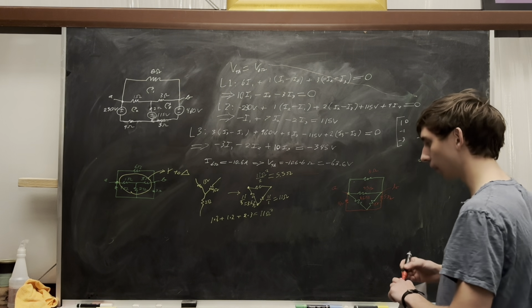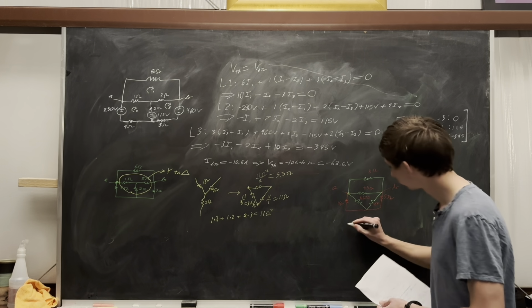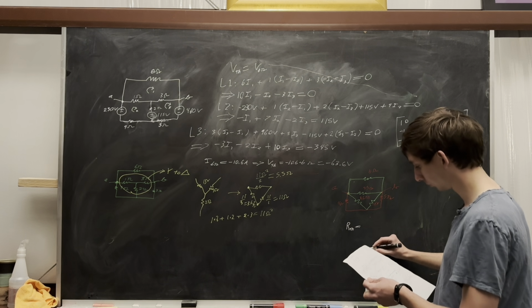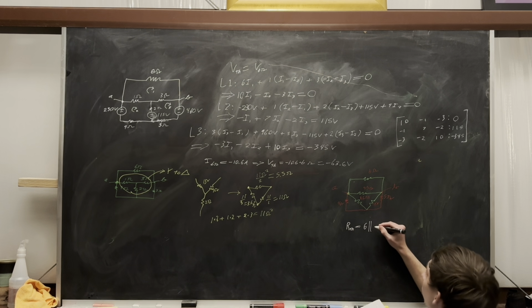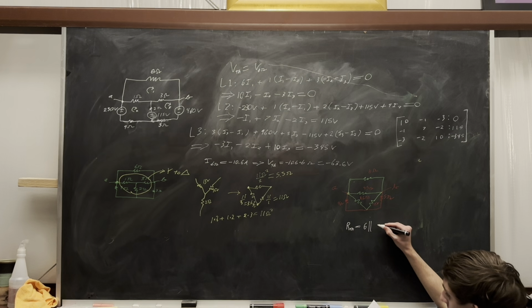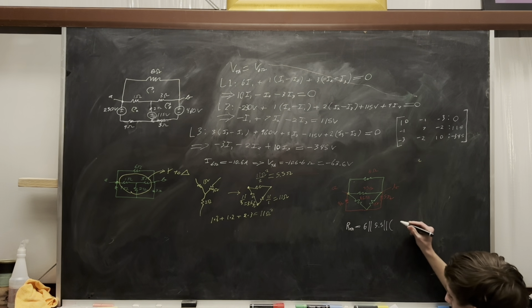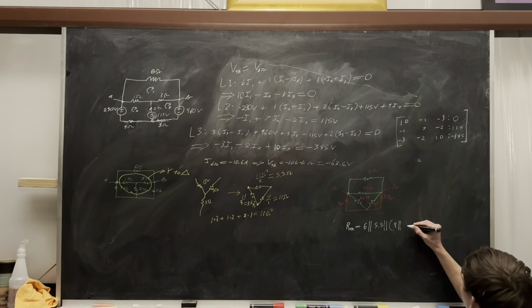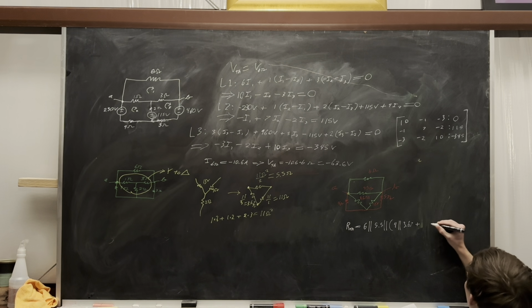So let's see, we gotta switch back to back. 6 in parallel with 5.5 in parallel with this combination. 4 in parallel with 3.67 plus 5 in parallel with 11.